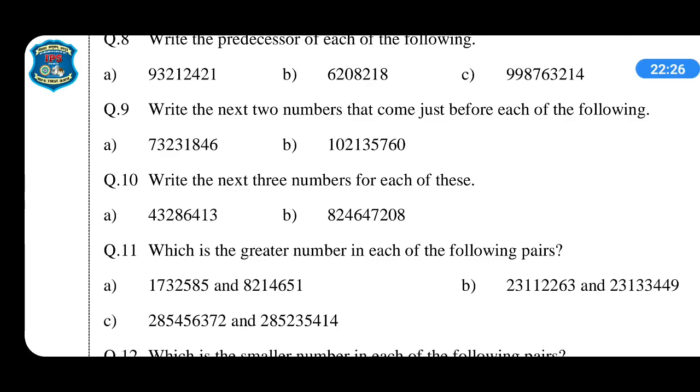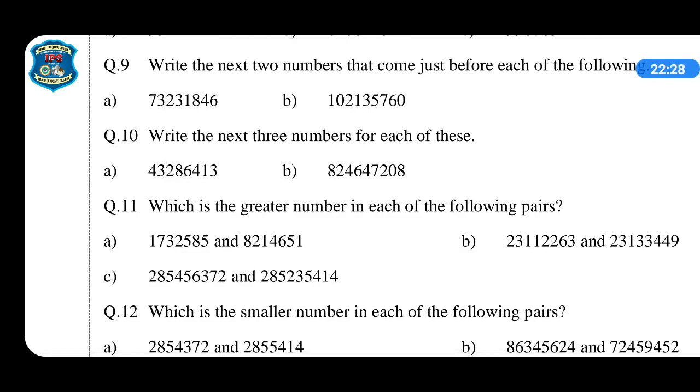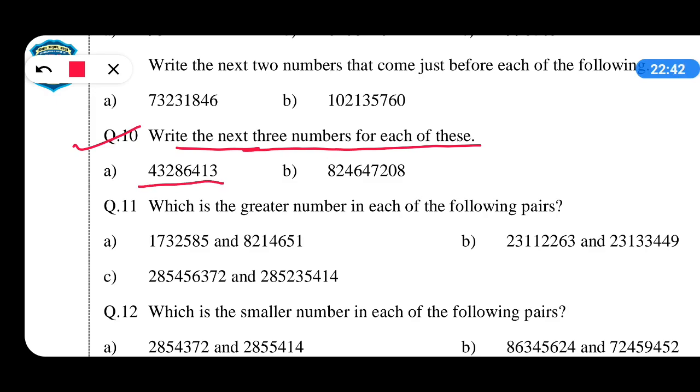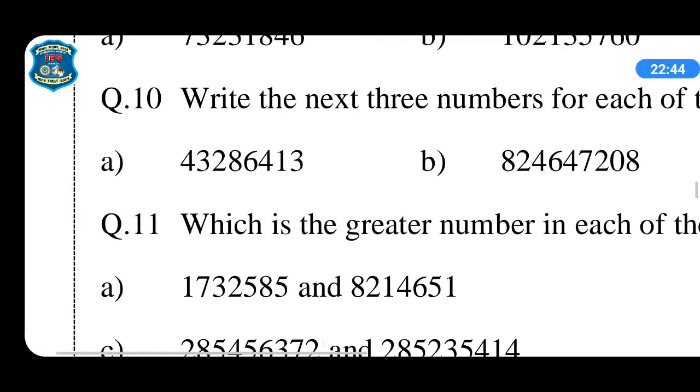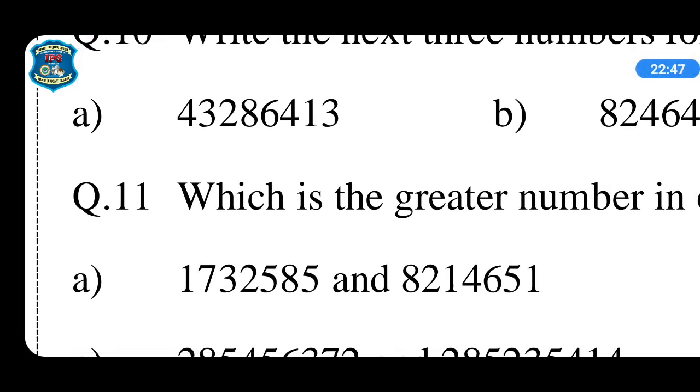Now let us see the 10th question. This question is, write the next three numbers for each of the following. The next three numbers. So just have a look at this number. What number is this? Just read it. This is 4 crore 32 lakh 86,413. So what next? After 13, what comes? 14.